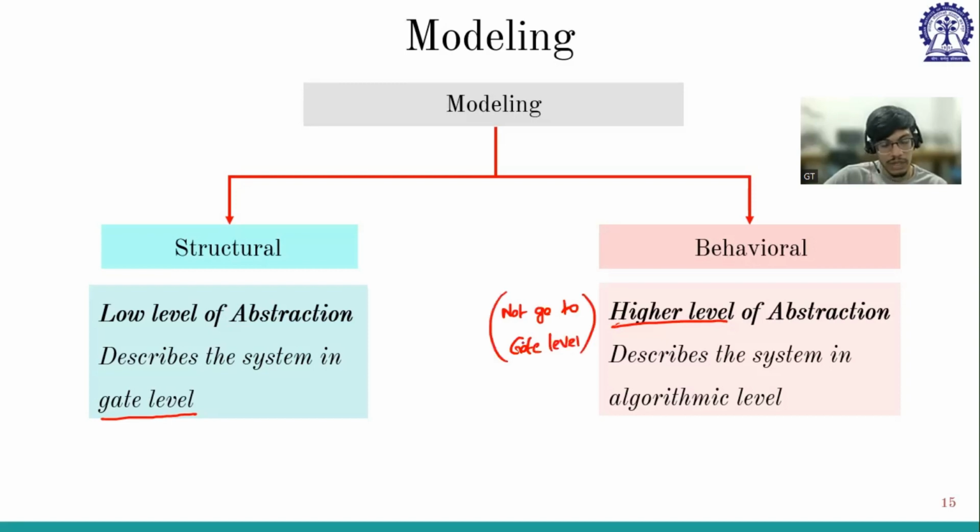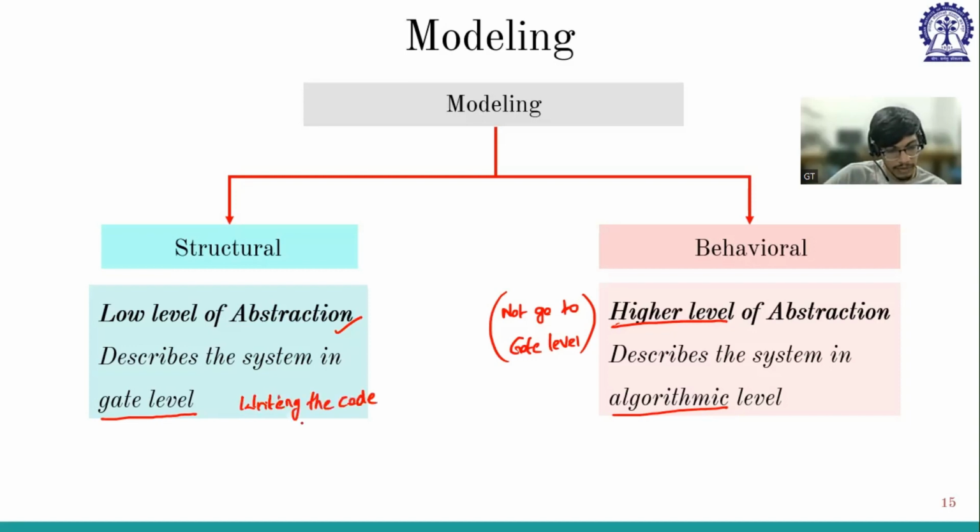We will describe the algorithm. We will tell Verilog what we want to do: what is the logic for our circuit. We'll write in a higher level of abstraction, and the Verilog simulator will decide how it should be described in terms of gates. But here we are writing the code at gate level, using the gates.